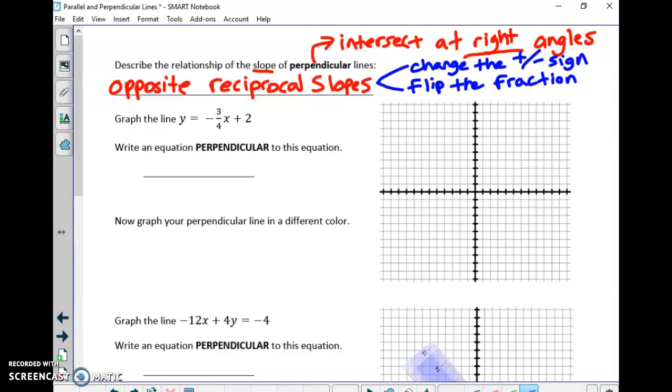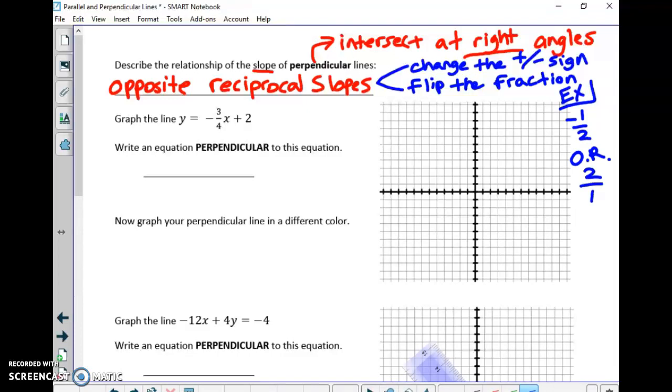So, for example, off to the side here. If I had -1/2, what would the opposite reciprocal be of -1/2? We change the negative to a positive, and then the 1/2 flips to 2/1. So the opposite reciprocal would be positive 2/1.